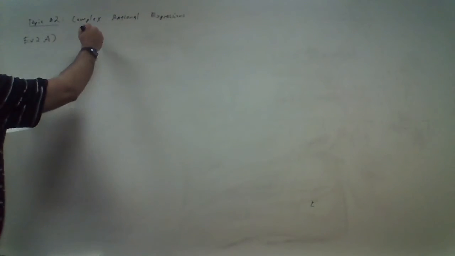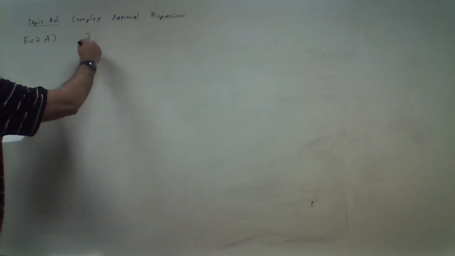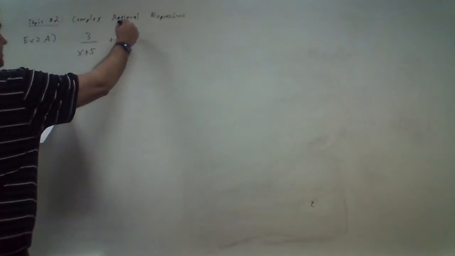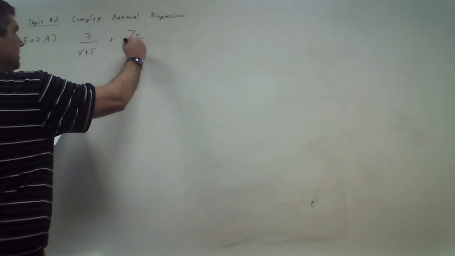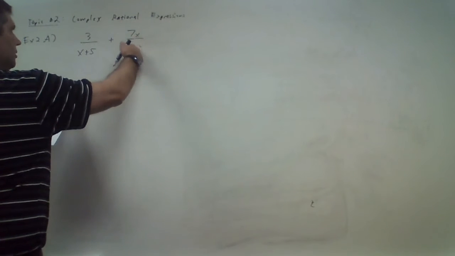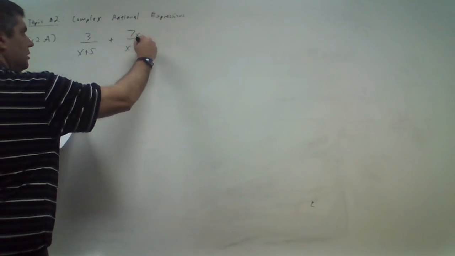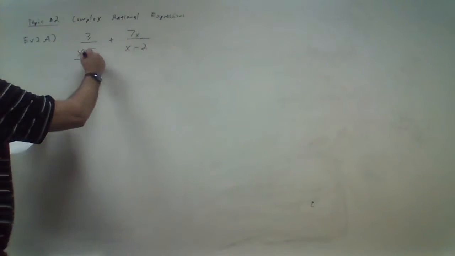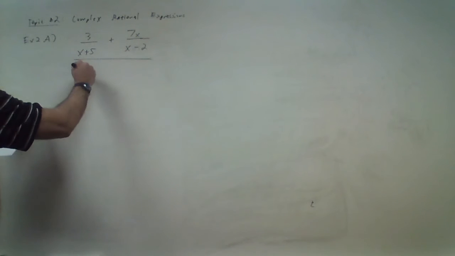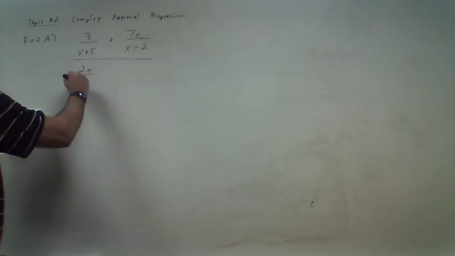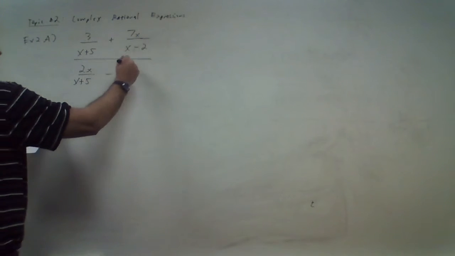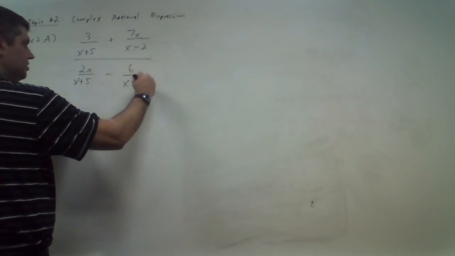Okay, example 2A is going to be 3 over x plus 5 plus 7x over x minus 2, over 2x over x plus 5 minus 6 over x minus 2.